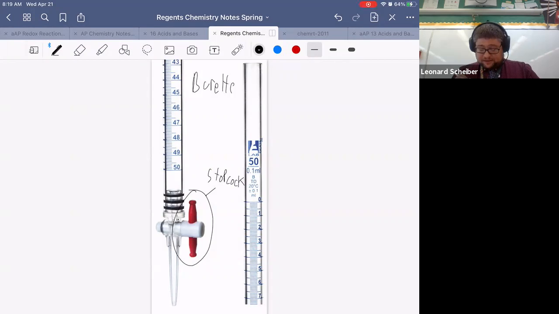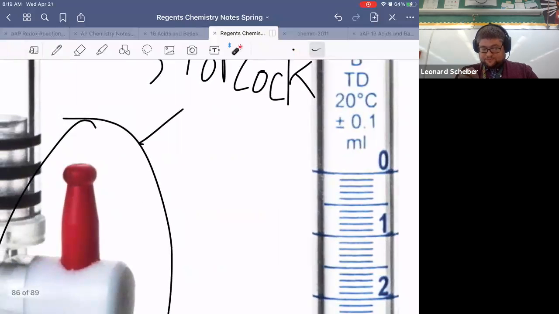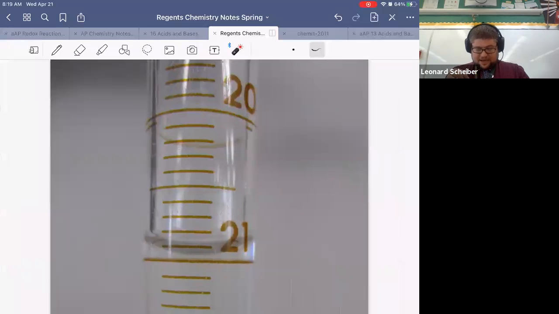And that spins, and this is where it comes out. So it goes drop, drop, drop, right? Now, the reason I want to show you the burette is to look at where the 0 is. Up here, here's the 1, here's the 2, right? So when we fill up a burette, we're actually not filling it up to a high number, but we're filling it up to a low number. So when you fill this up completely, it's actually going to start at the milliliter mark, kind of like that.